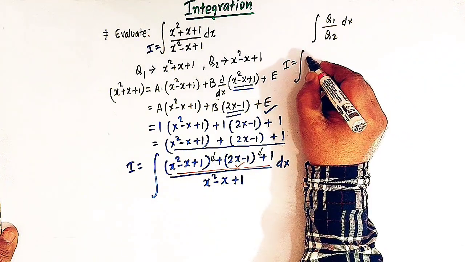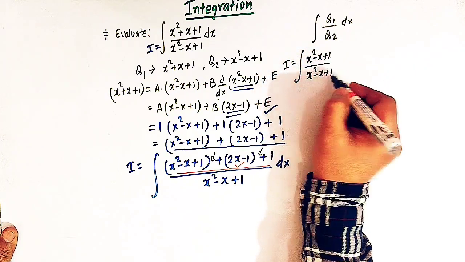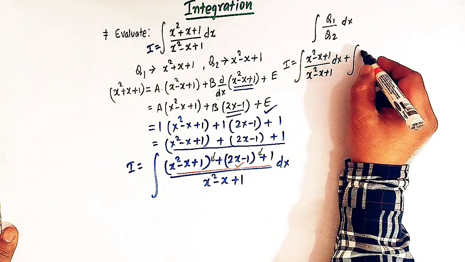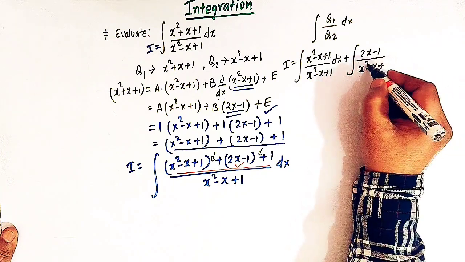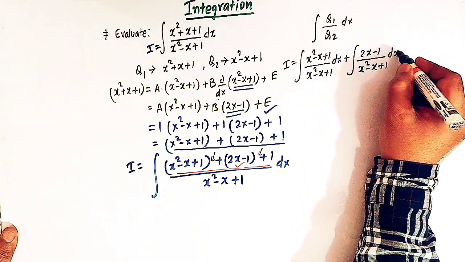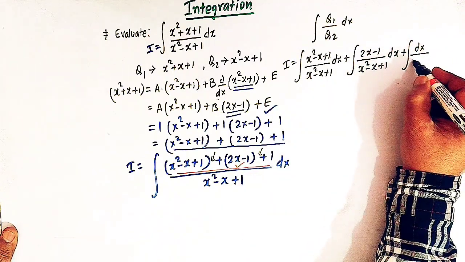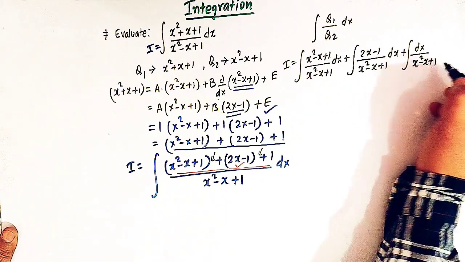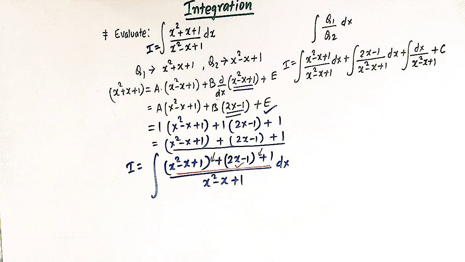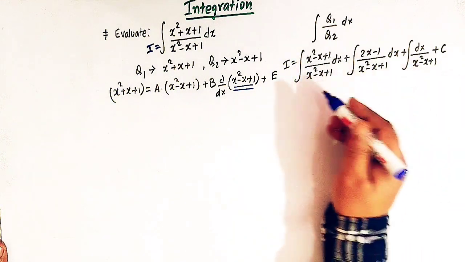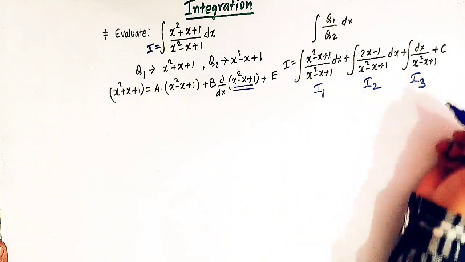So we have integral x square minus x plus 1 over x square minus x plus 1 dx, and here we have 2x minus 1 over x square minus x plus 1 dx, and here we have integral dx over x square minus x plus 1, and obviously the constant of integration. So now here we have three integrals, I1, I2, and I3, right?